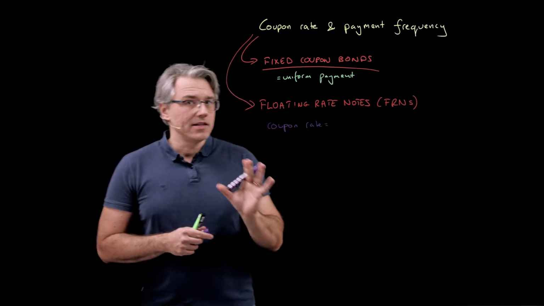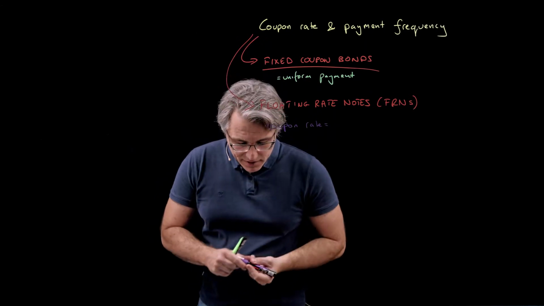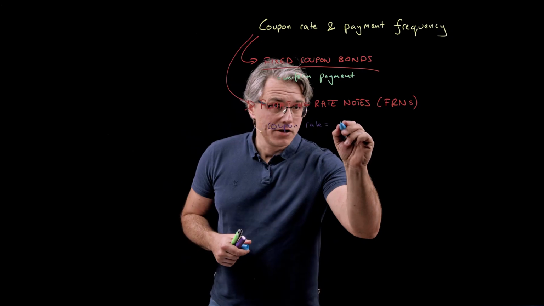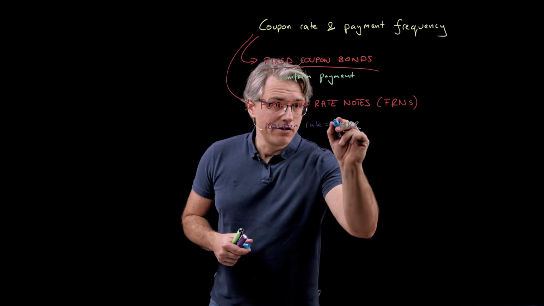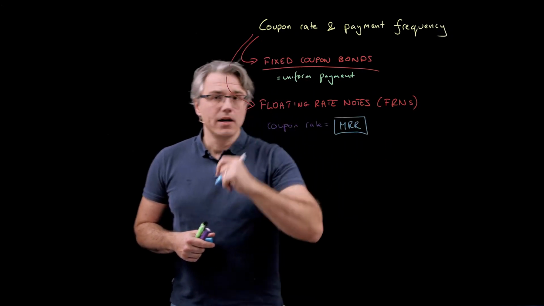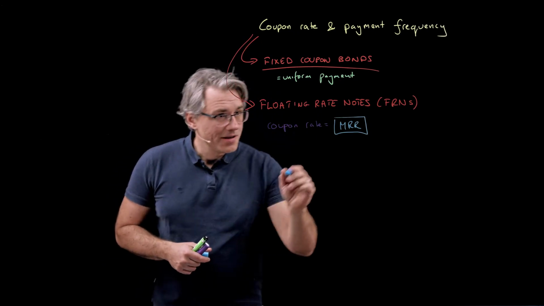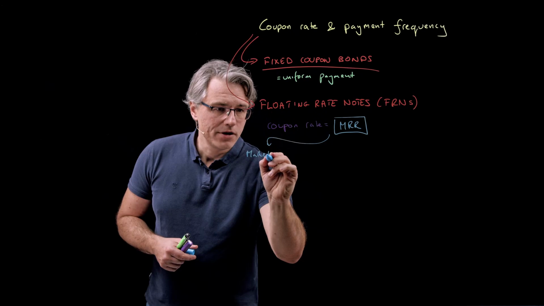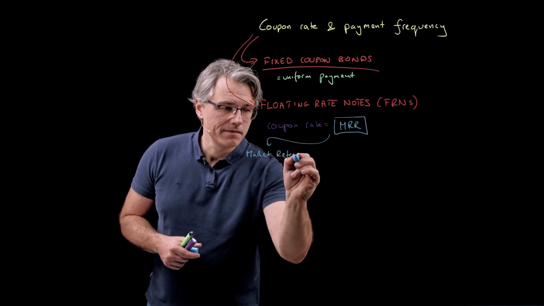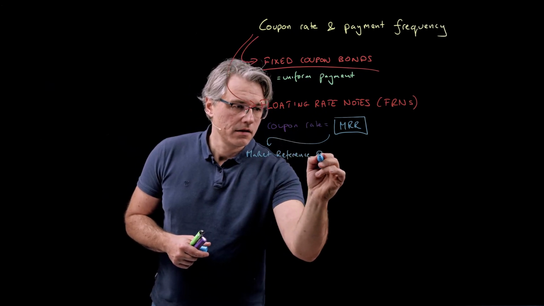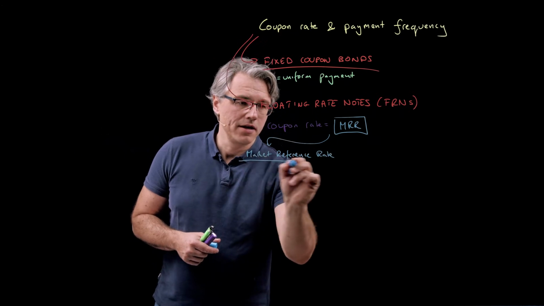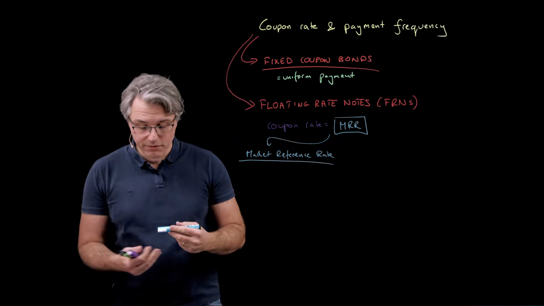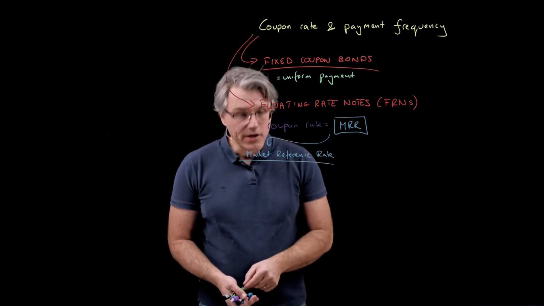So the essential thing to appreciate here is that we'll need a certain benchmark. We call this the MRR, or that's at least how your curriculum calls it. This stands for the market reference rate, MRR, and get used to seeing this in the text, in the curriculum, and possibly also in questions.